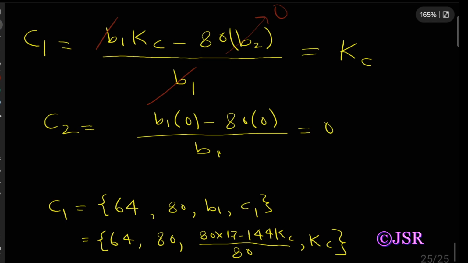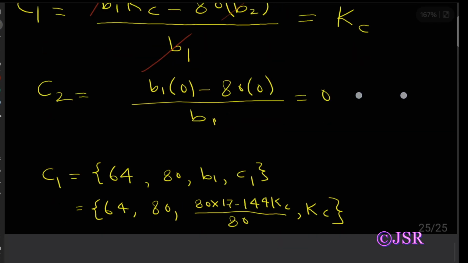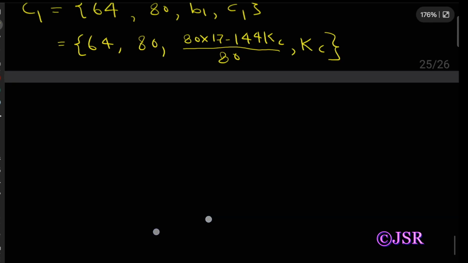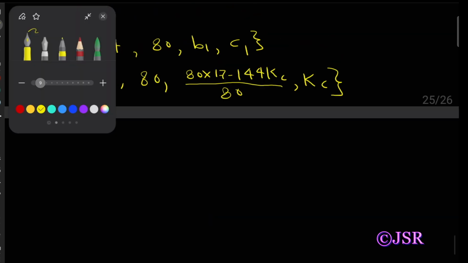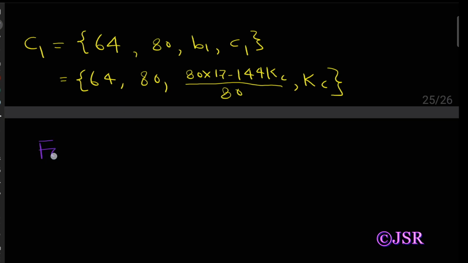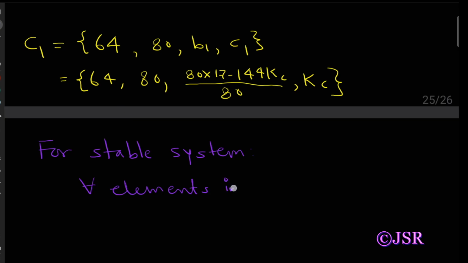So in the first column we have these elements, and for a stable system, all the elements in column 1 must be positive.